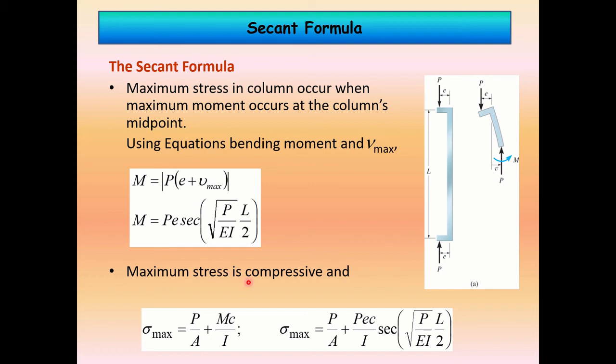The maximum compressive stress equals P over A for the axial load applied to the column plus moment times c divided by I, where I is the moment of inertia of the column. The stress max equals P over A plus P times e times c over I secant bracket square root of P times L over EI times 2.